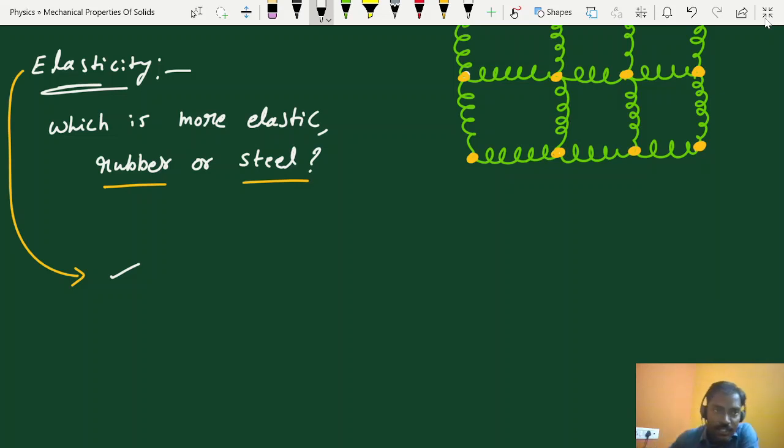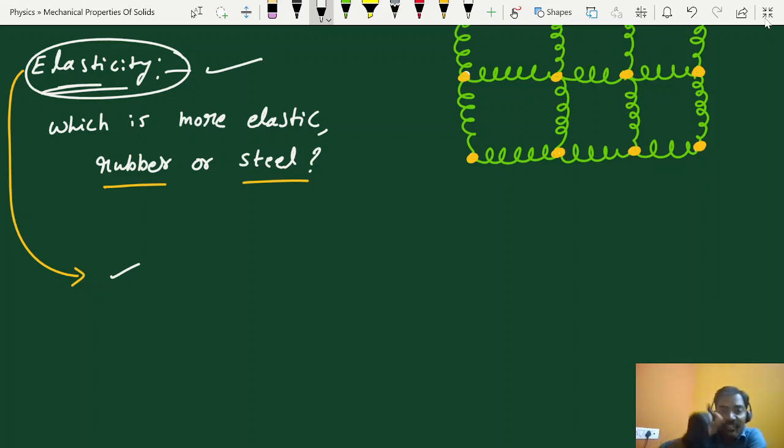I repeat, elasticity is the property of the material by virtue of which the body opposes the changes in the shape or size of the body when the deformation force acts on it and regains its shape or size once the deformation force is removed.